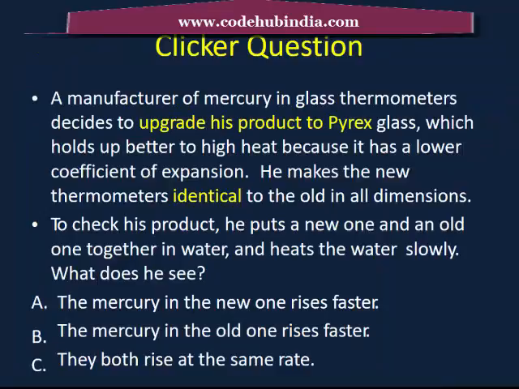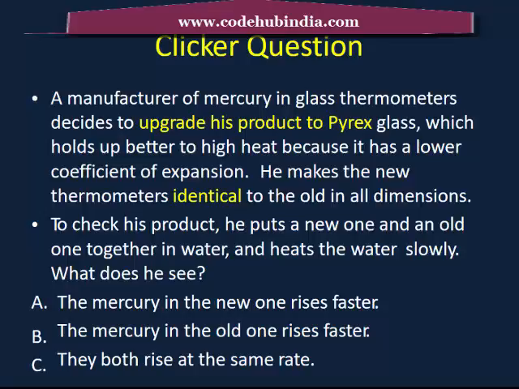Then there is a question. A mercury glass thermometer manufacturer decided to upgrade his product to Pyrex glass, which holds up better to high heat because it has a lower expansion coefficient. He makes the new thermometer identical to the old one in all dimensions.